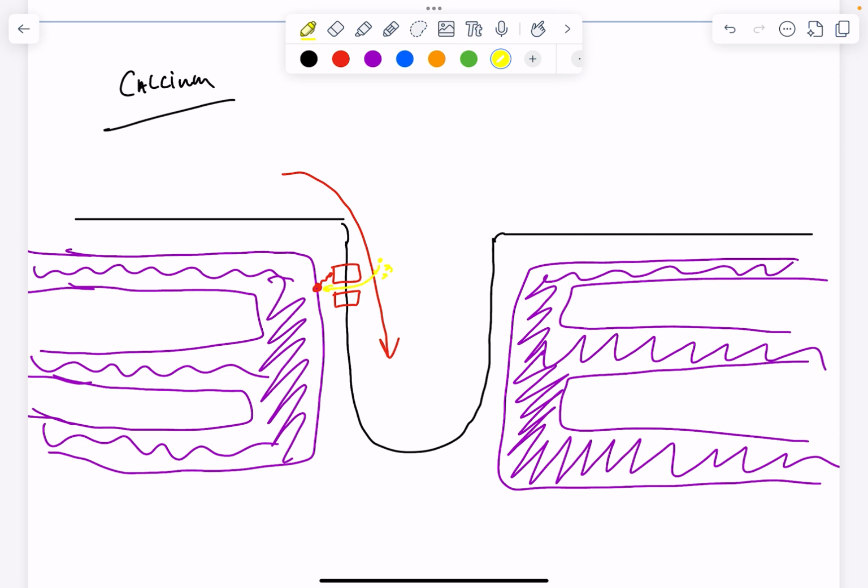Calcium's going to rush into the cell, okay? All the yellow dots are calcium in the cell.